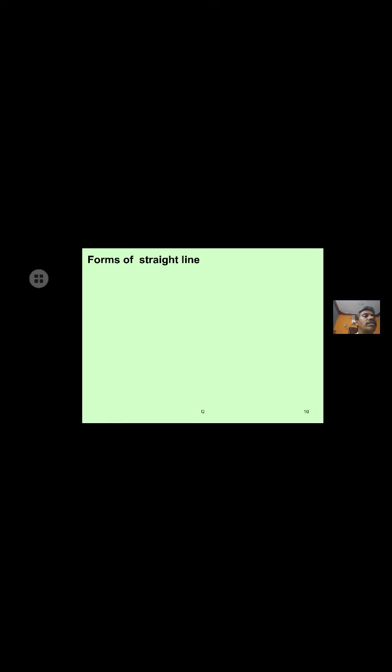Forms of straight line. There are 5 forms of straight line. First one is slope intercept form. This means a line equation can be expressed in different forms.